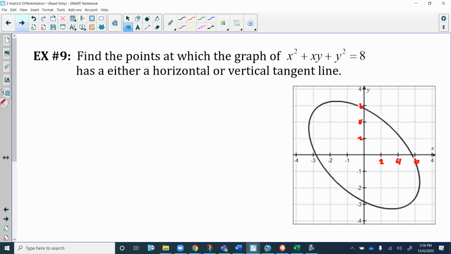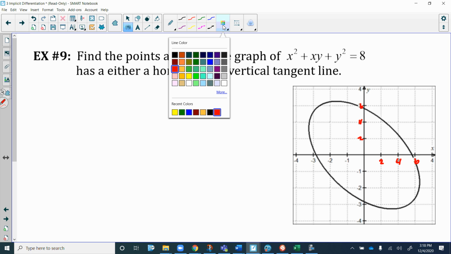But find the points at which the graph of this particular ellipse has either a horizontal or a vertical tangent line. So first things first, based on what we've done so far, can you take the derivative of the equation that you have? I think we've already seen this one or something very similar to it. So let me pick a new color here. Let's do purple.